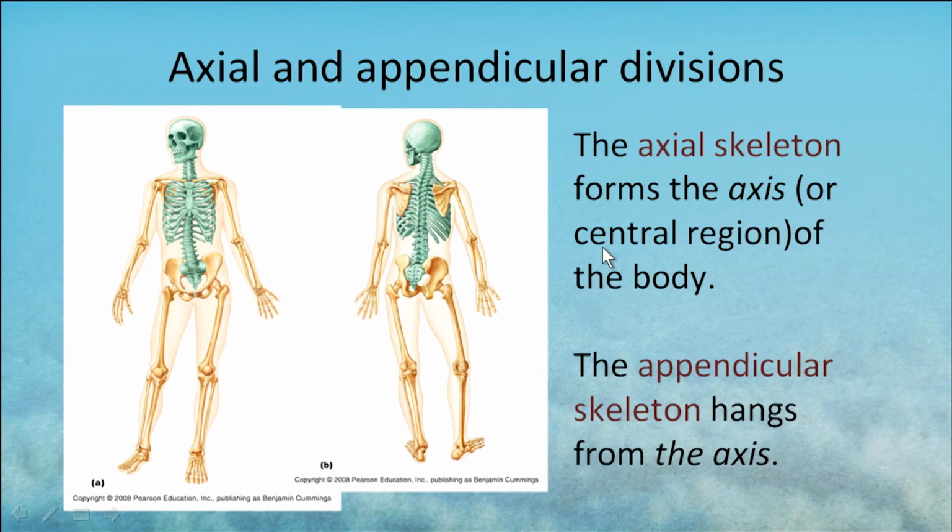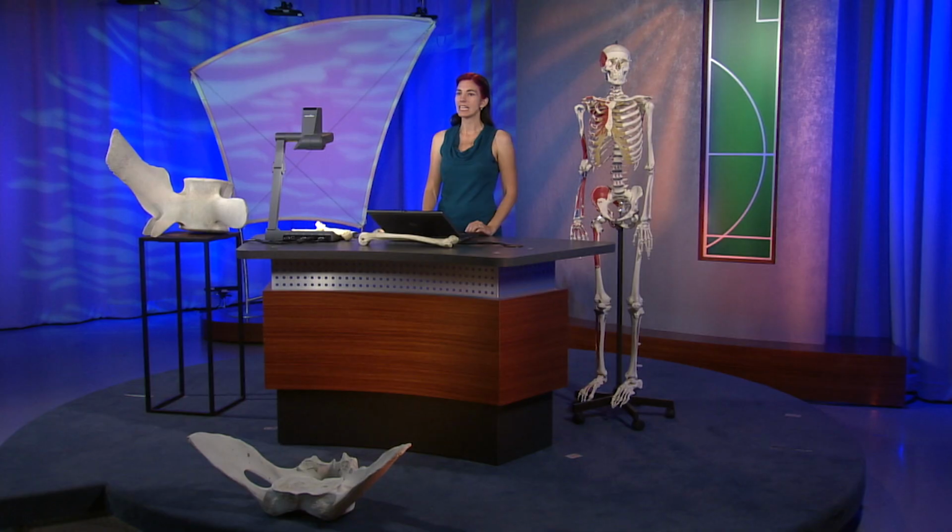And then the appendicular skeleton, to append means to hang off of, hangs from the axial skeleton, so it's going to be everything that kind of hangs off that axial skeleton. So let's take a look at both in just a little bit more detail.